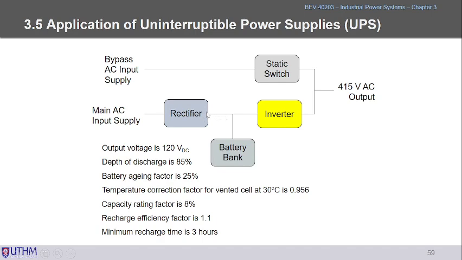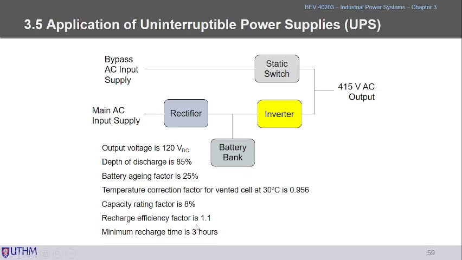IDC is from the rectifier, and then one will drain to the battery, which is the IC, and another one will drain to the inverter, which is the ILDC here. And this is for DC loads. And we have the static switch to switch between the UPS and the AC supply here. What we require is 415 volts for the AC output here.